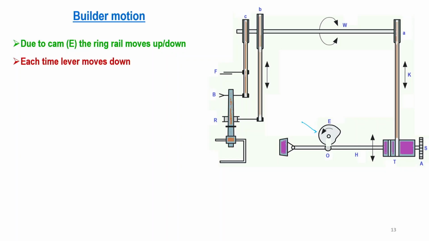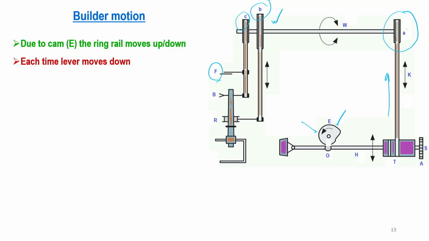Each time the lever moves down, this is the lever, and here, if we remove the cam, because this is the rope, and here we have one pulley, and with the same shaft, pulley B is the ring rail pulley, and pulley C is the balloon control ring pulley or the lappet pulley.